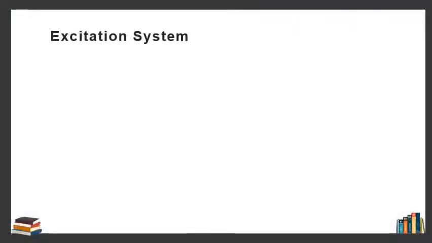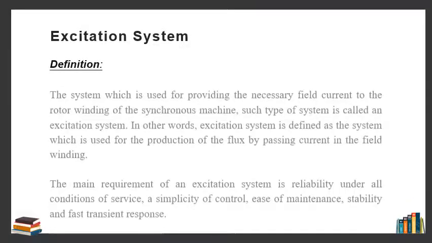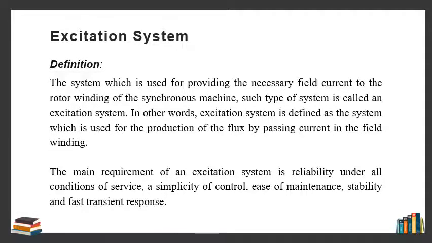So the first question is, what is an excitation system and why do we need it? The excitation system is the system which is used for providing the necessary field current to the rotor winding of the synchronous machine.